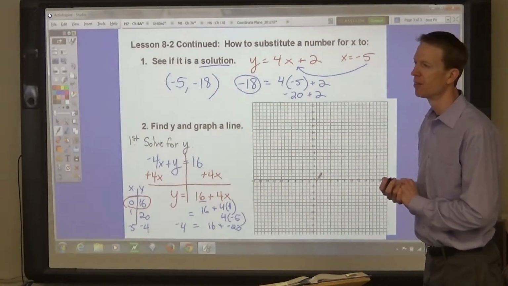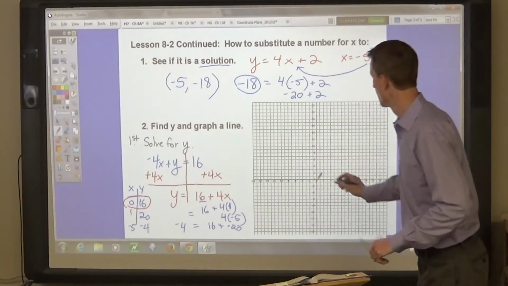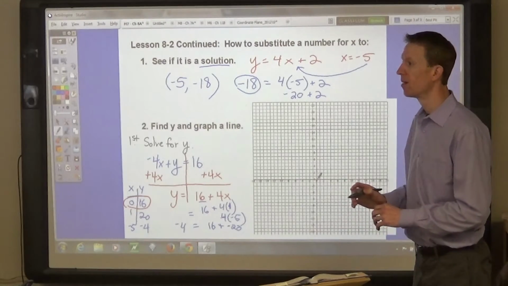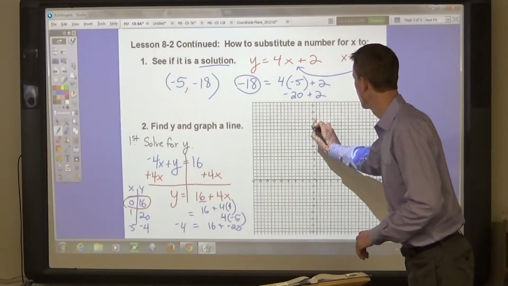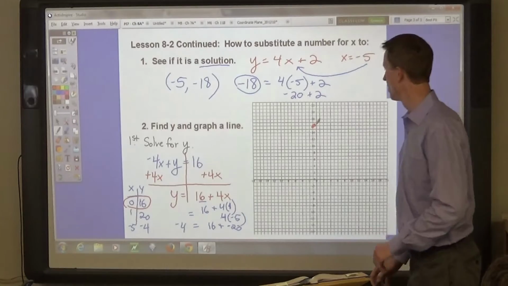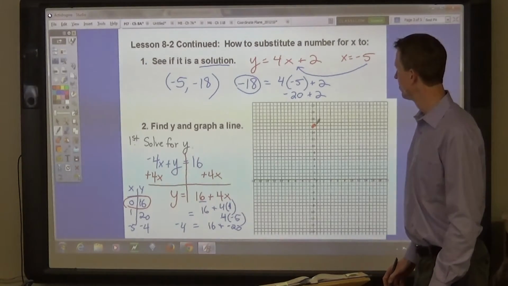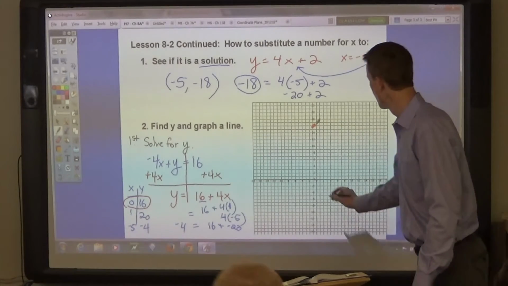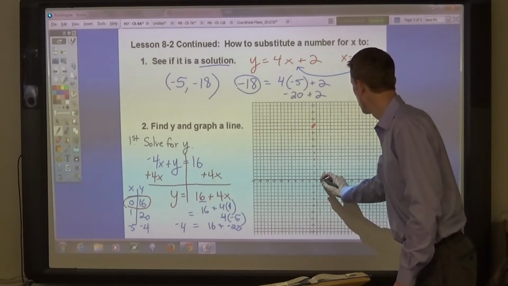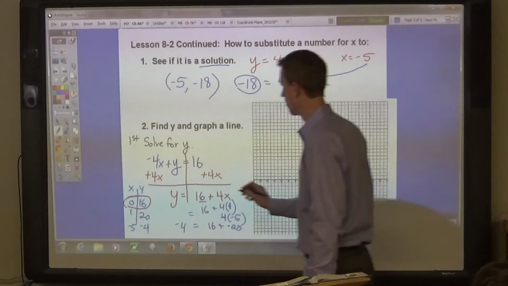You start from 0 and go up 16. Now 1, 20: 1 to the right, 20 up.